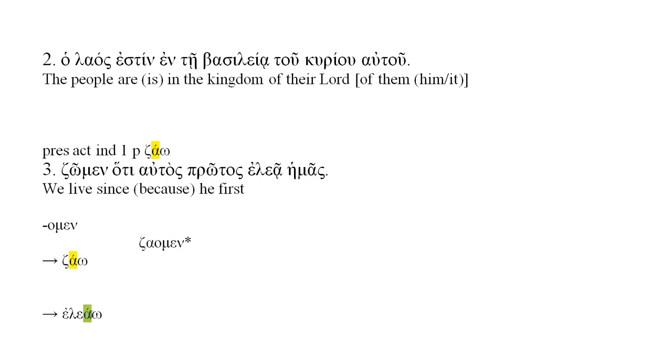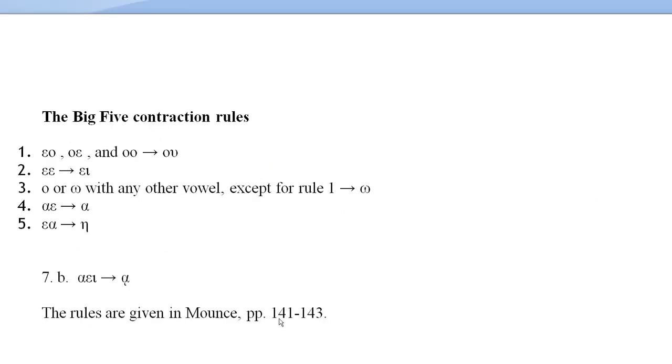Notice that alpha is the contract vowel at the end of the stem. We need to figure out now what happened to give us this alpha with an iota subscript. When I see an iota subscript, I'm thinking maybe there was an iota there to begin with. So we need to go look at our rules.